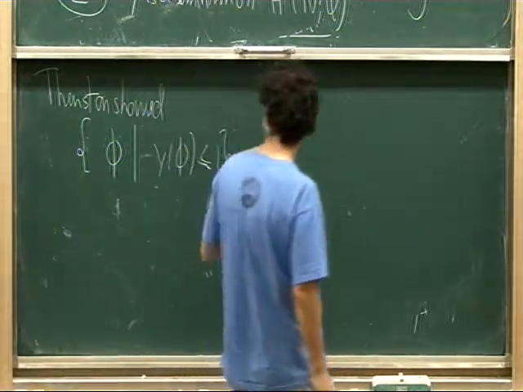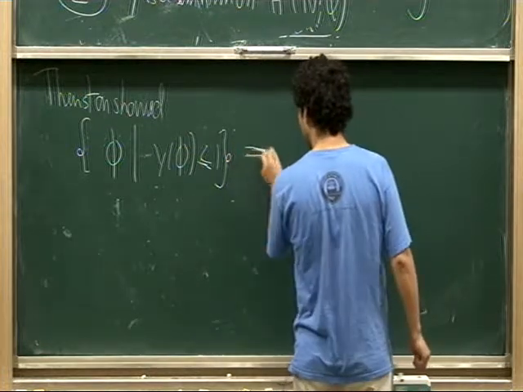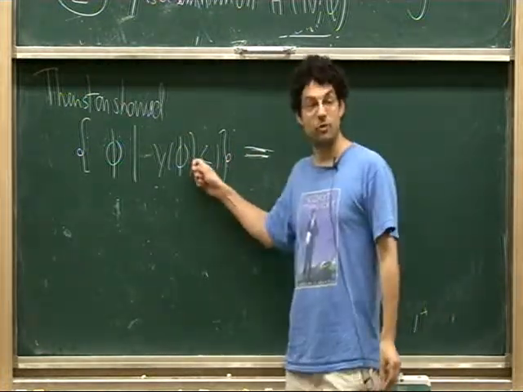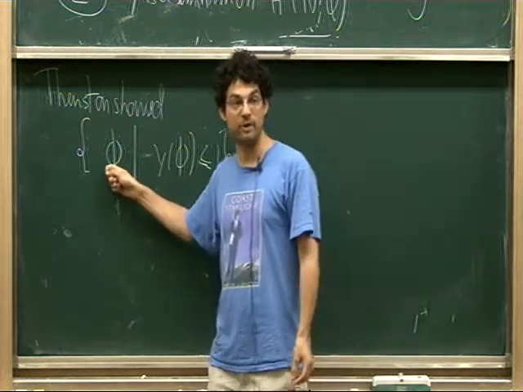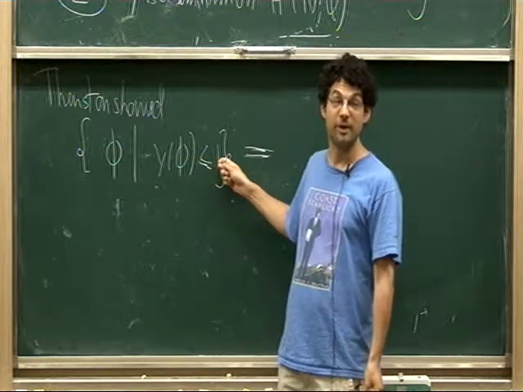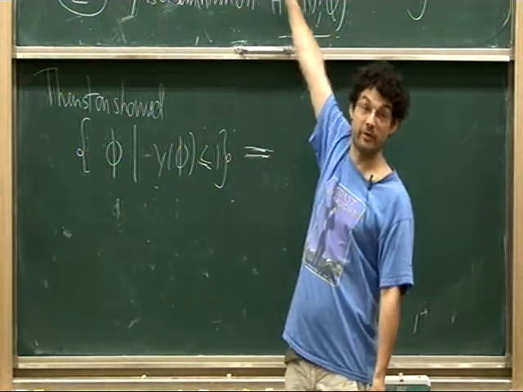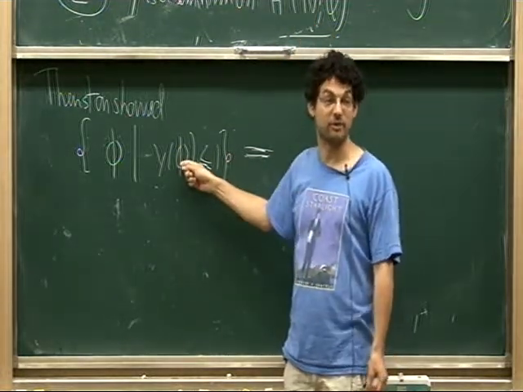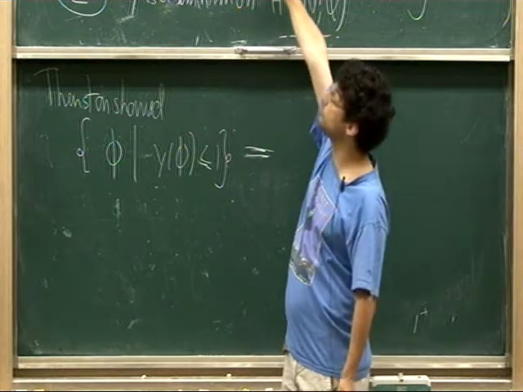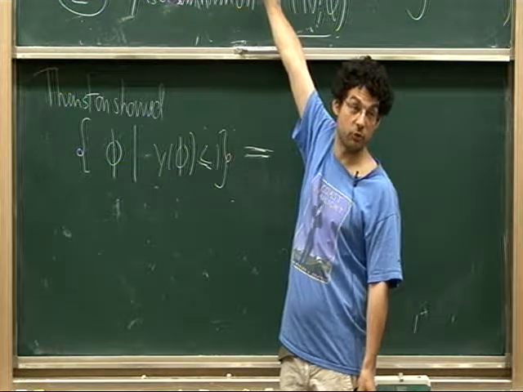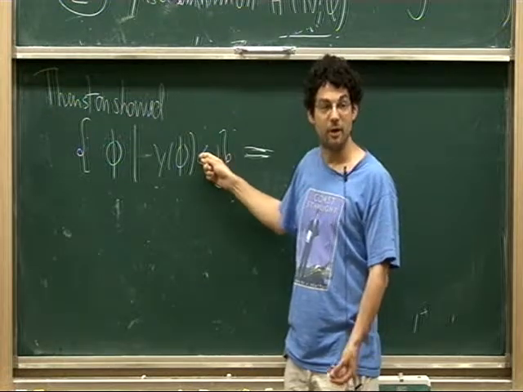Well, let's just draw a picture. Just a general fact: if you have a norm or a semi-norm, and you look at the norm ball, meaning all phi's such that the norm is less than or equal to 1, it follows from the triangle inequality that it is a convex subset of your vector space. That's an immediate consequence of the triangle inequality. But what Thurston showed is that it actually has a much nicer structure, namely it turns out to be a polyhedron.